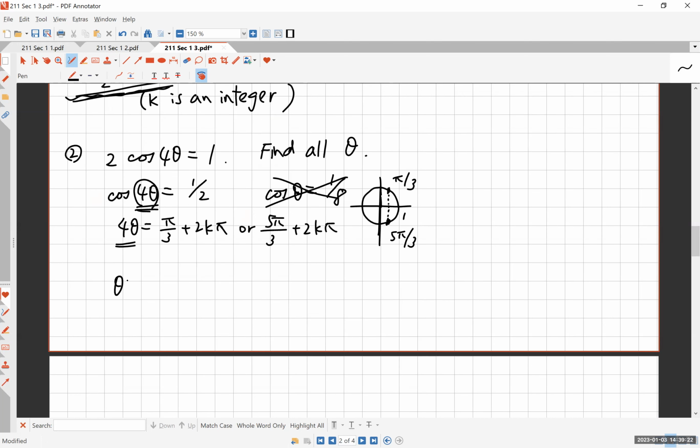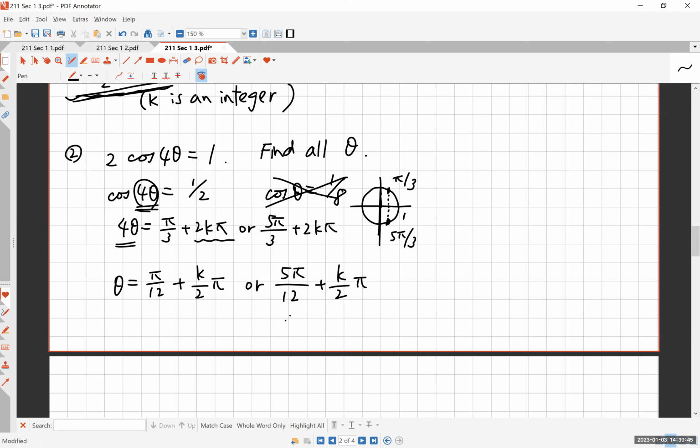So how do you find theta? Well, now you can divide everything by 4. So it's pi over 12 plus, now remember, if you divide this by 4, you get k over 2 pi, or 5 pi over 12 plus k over 2 pi.